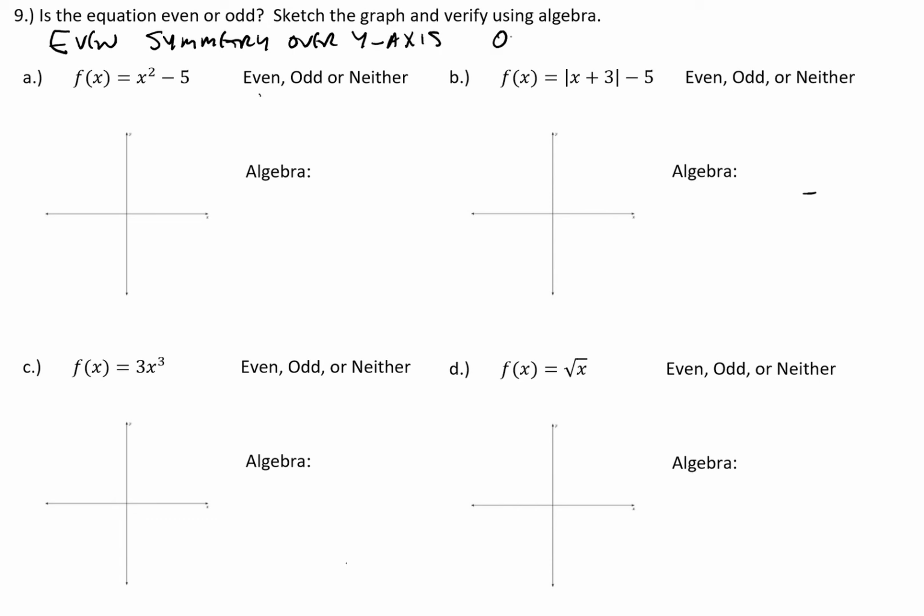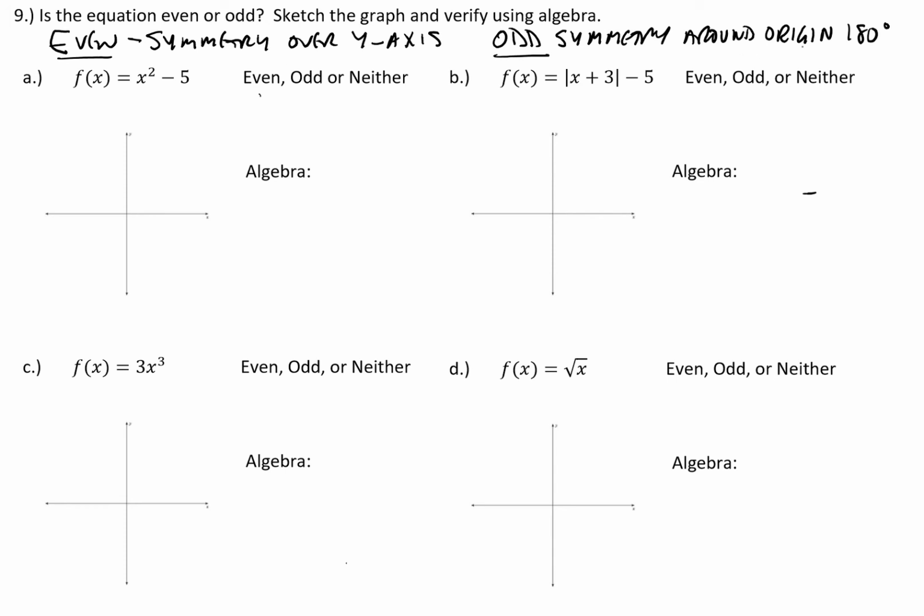And to be odd, you have to have symmetry around the origin, 180 degrees.